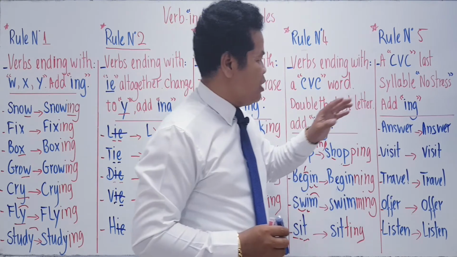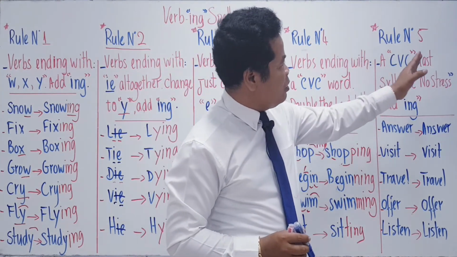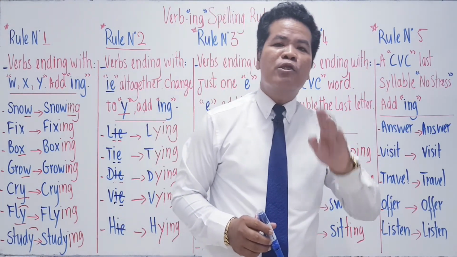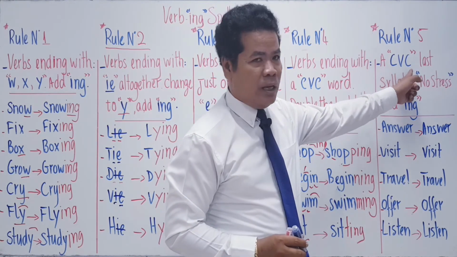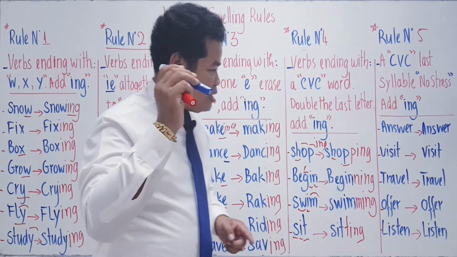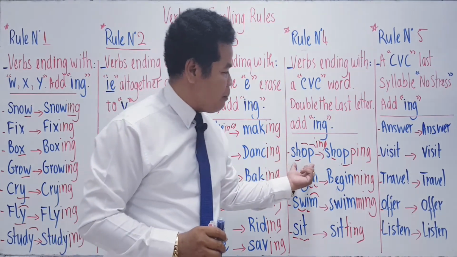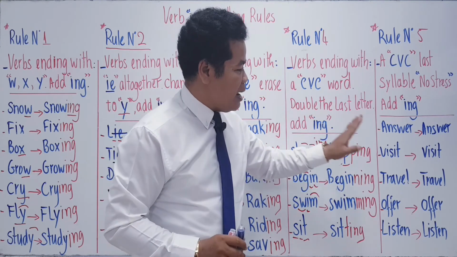One thing that you have to remember is, in rule number 5, we focus on 2 syllable or 3 syllable words ending with CVC. For one syllable words, you don't care about it. Example like shop, we go straight away, double the last consonant and then add ing.